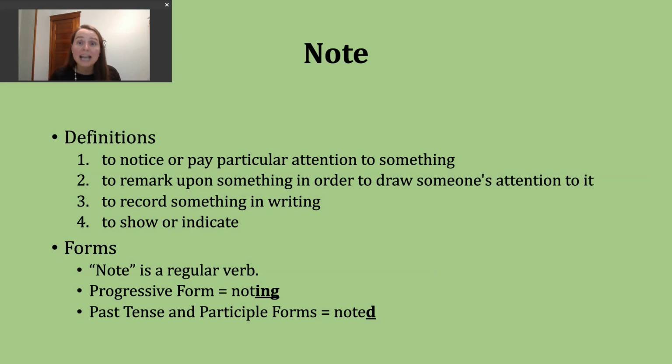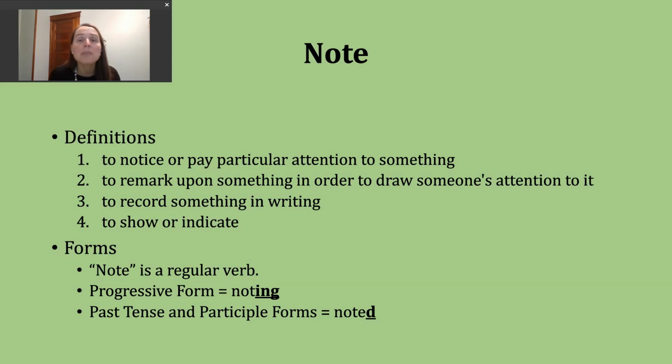So what certain characters are saying to one another. And sometimes you'll see a particular character noted, right? And then we might have that sort of description of what they said, what they are trying to get another character to notice. A third way the verb note gets used is to mean to record something in writing.